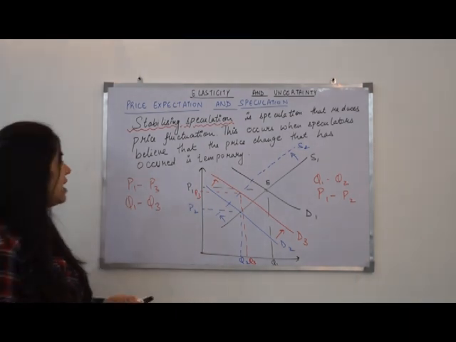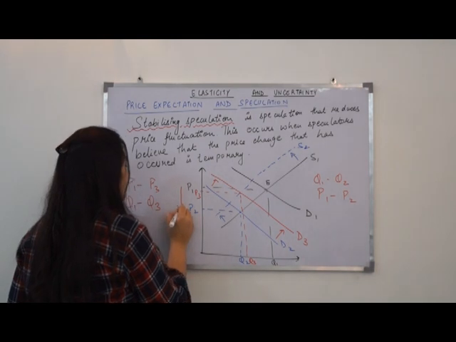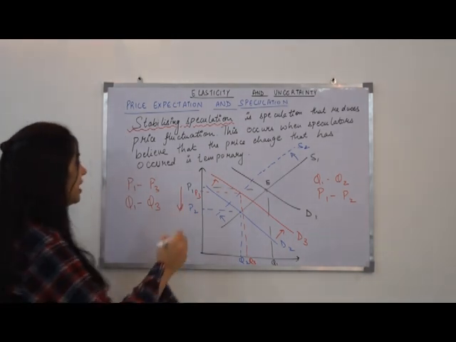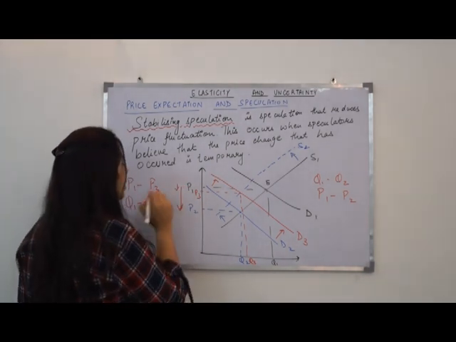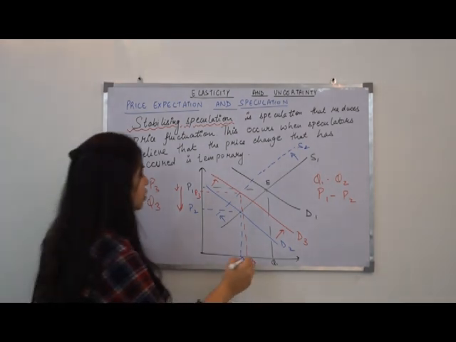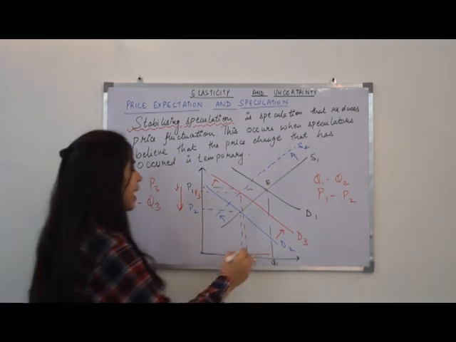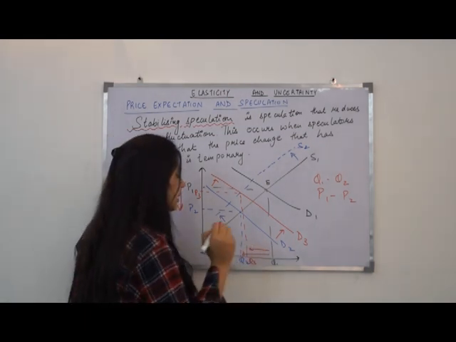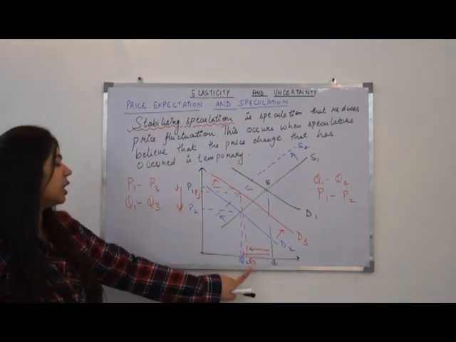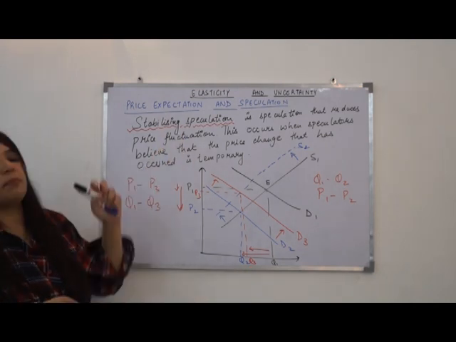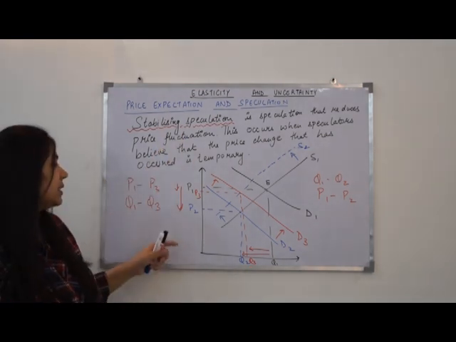So we can say that this was the expected fall in the price, but the actual price drop was only this much. And this was the expected decrease in the quantity traded, but only this much decrease happened, due to stabilizing speculation present in the market.